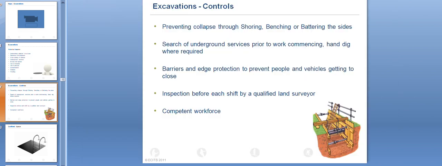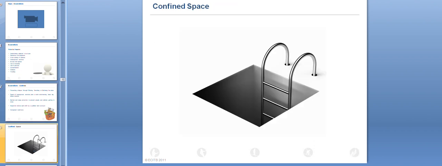So that was all about excavation. Let's go to the next hazard, confined space. What is a confined space?